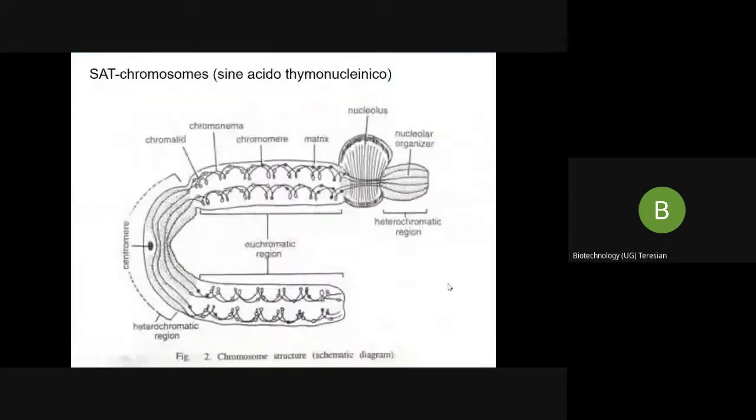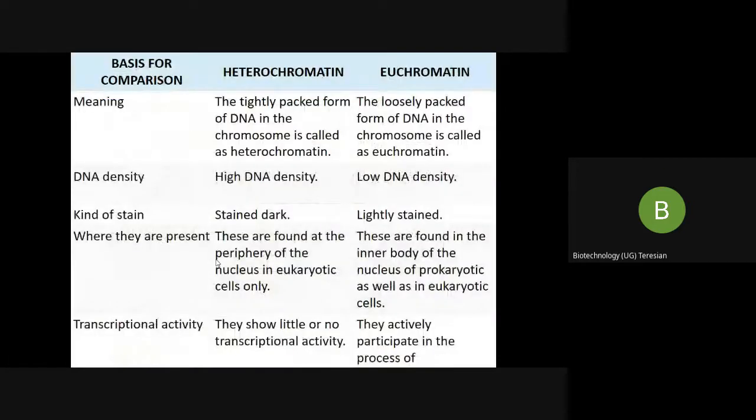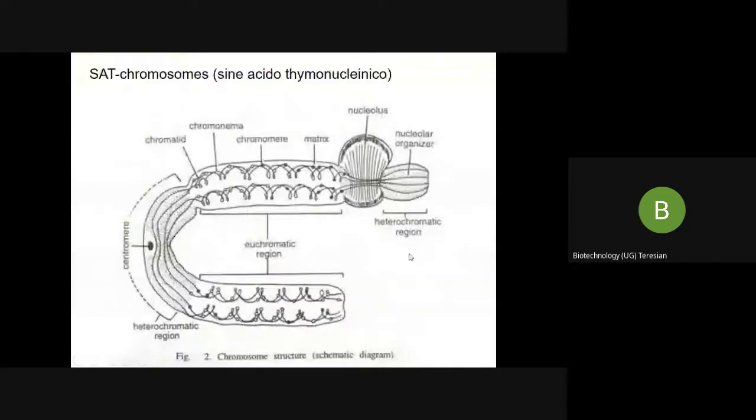So this euchromatin, you can see, is present both in the prokaryotes and in the eukaryotes, but heterochromatin is present only in the eukaryotic region, and it is present in the periphery. Whereas your euchromatin is present in the inner body of the nucleus. See here, this is the inner body of the nucleus where they are present.